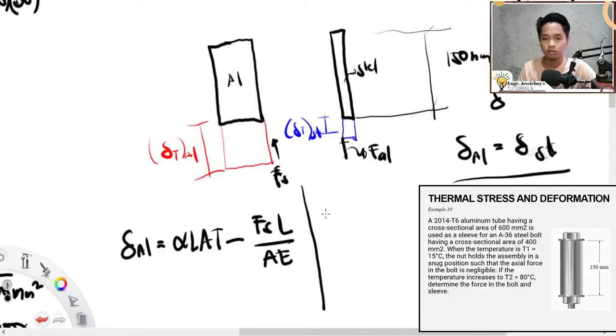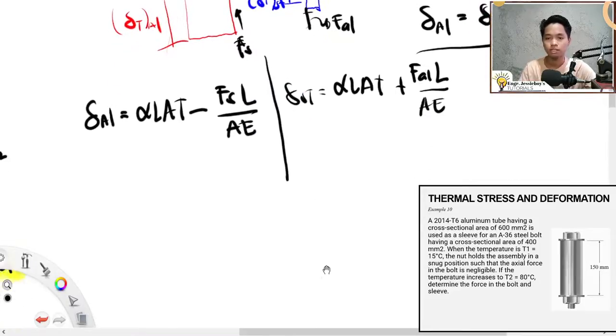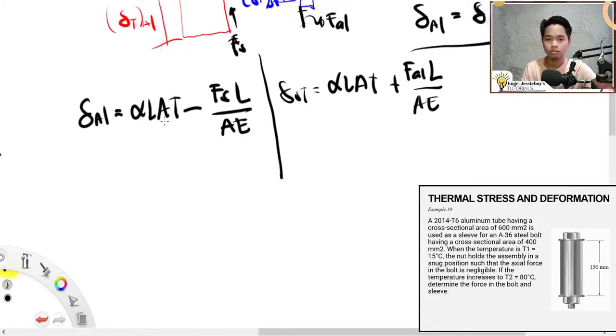How about the deformation of your steel? That is simply, ni-elongate siya due to your alat, plus ni-elongate pa siya, tungod kay gitud pa siya ni aluminum. Diba? Gitud siya ni aluminum, so that would be your FAL multiplied by your length over your AE. Okay, so we have this relationship. So we just have to substitute everything.